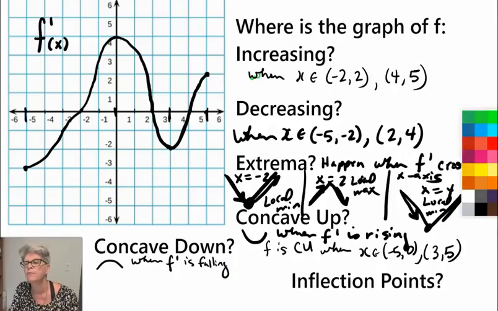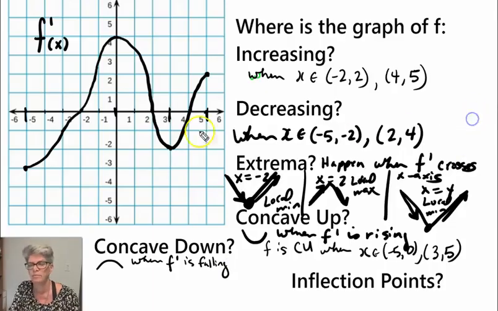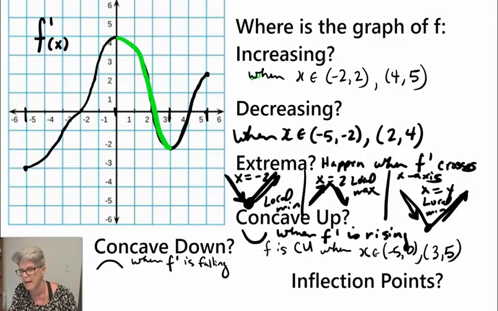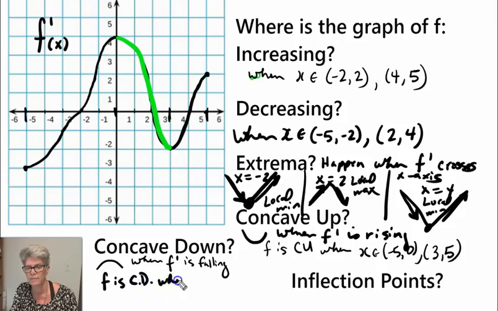So when I'm moving from left to right on the graph of f prime, we are falling or decreasing on this section of the graph. Now, where does that happen? So f is concave down when the x values are between 0 and 3.